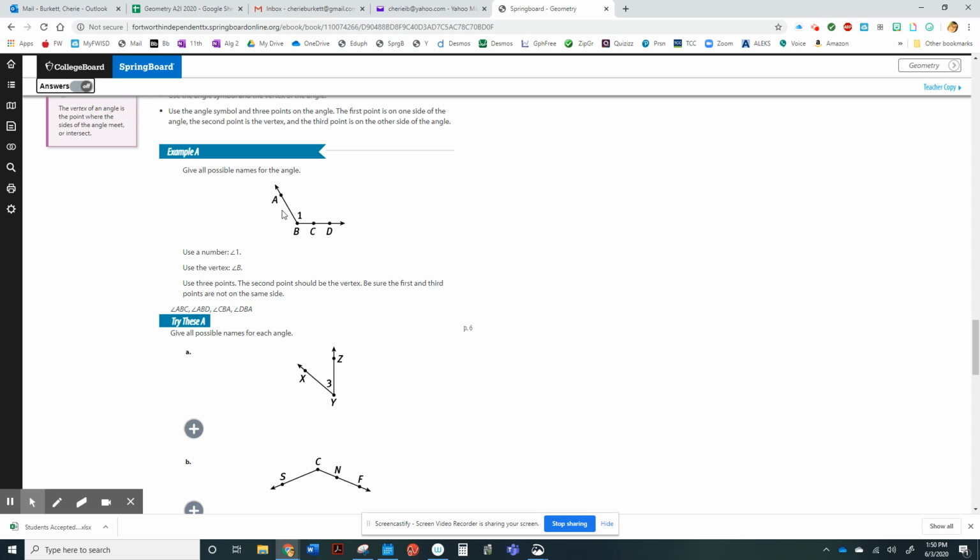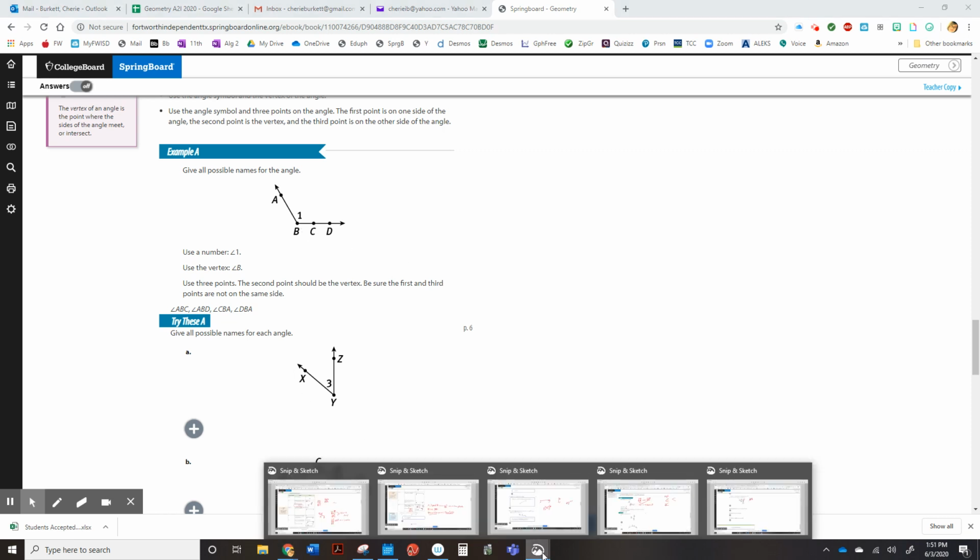So there's only one angle right there at vertex B. So anyway, if you don't have a number and you can't use the vertex, then the only other way to name it is to use 3 points. You need 1 point off one ray, you need another point off the other ray, and then you need the vertex. So let me go see where.